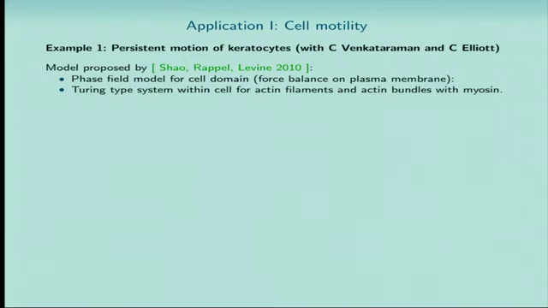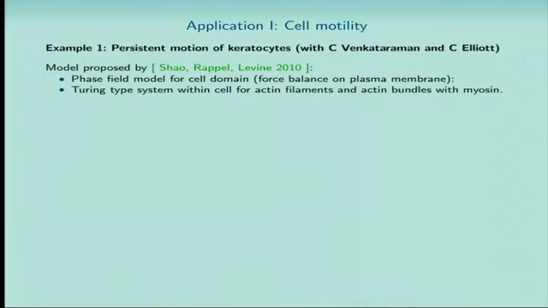We found a model proposed in the literature by Shara Pellant-Levin, which involves a phase field model for the evolution of the cell domain, and a Turing system within the cell for the actin filaments and the myosin essentially. Maybe it's better to think about some quantity that leads to protrusions and some other quantity that leads to retractions in the end.